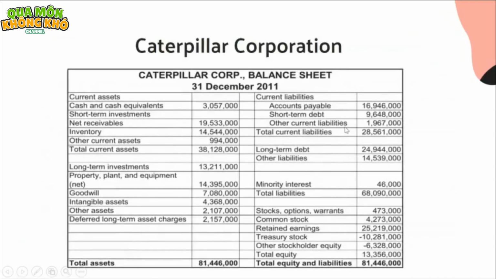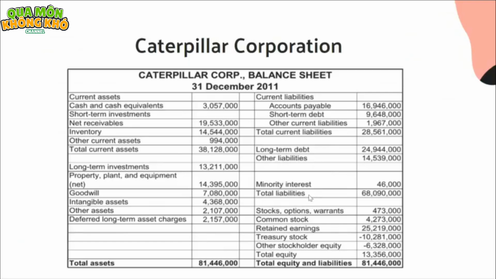And this is the example of the balance sheet for Caterpillar Corporation. To get to the enterprise value balance sheet for Caterpillar, we will move financial items from the left side of the balance sheet to the right, and we move the operating current liabilities from the right side of the balance sheet to the left.